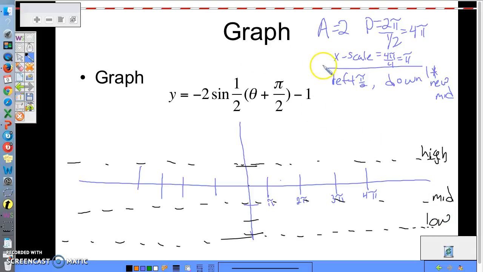All right, so let's see, it's sine, so that's always going to start in the middle, but what would usually happen is since it's negative, that's going to make it go down. So down, mid, high, mid. But what happens to the left pi over 2? So it's not even a full tick mark. If this is pi, it's half a tick mark.